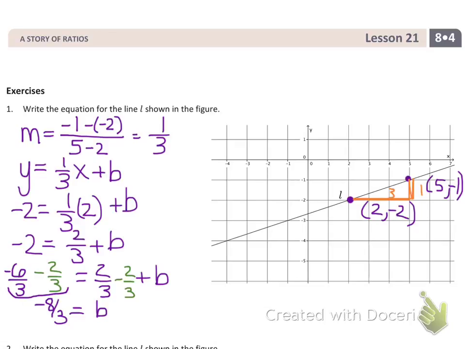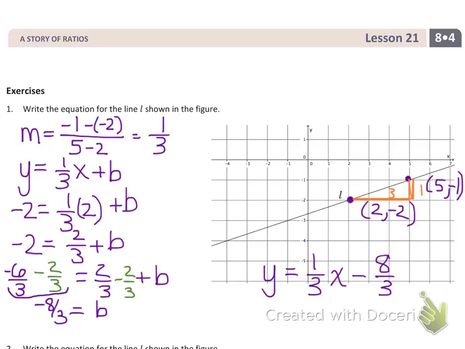And so I'm ready to write the equation of my line. So the equation of my line is y is equal to the slope, which is 1/3, times x, plus b, which is minus 8 thirds. So let's look at the value of that. That's negative 2 and 2 thirds.